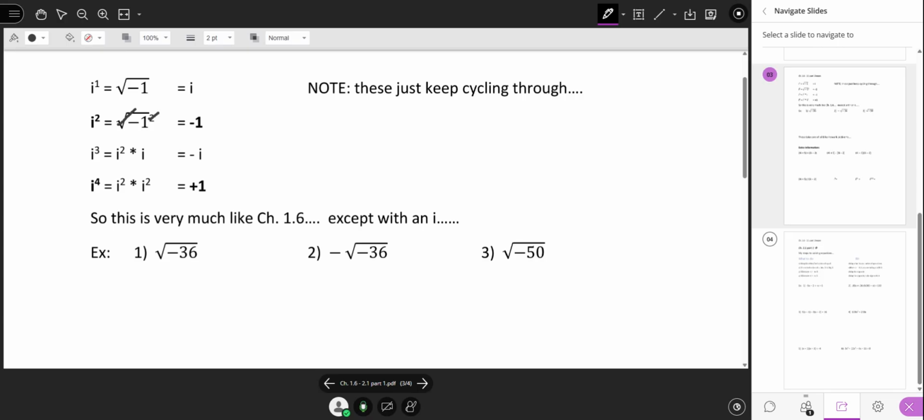And remember, though, in the real number system, if I had the square root of -1 squared, it would become the square root of +1. But in the complex system, that doesn't happen.